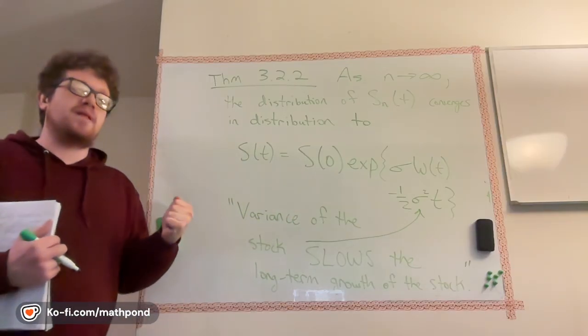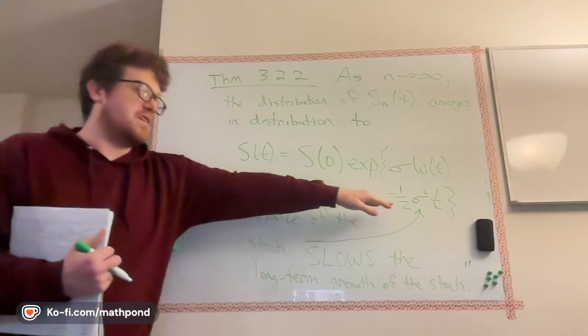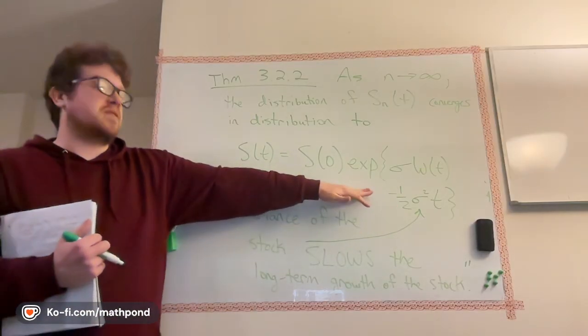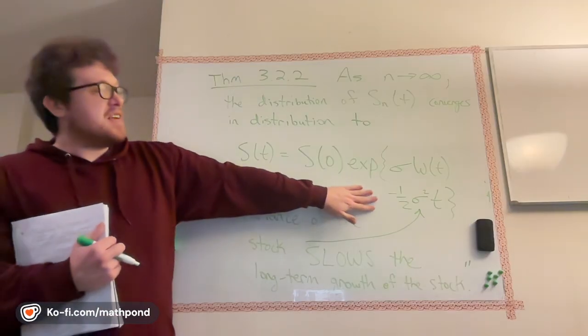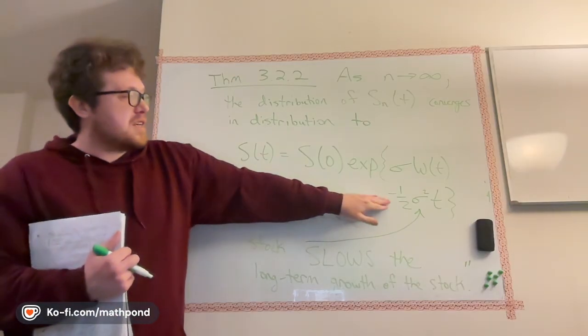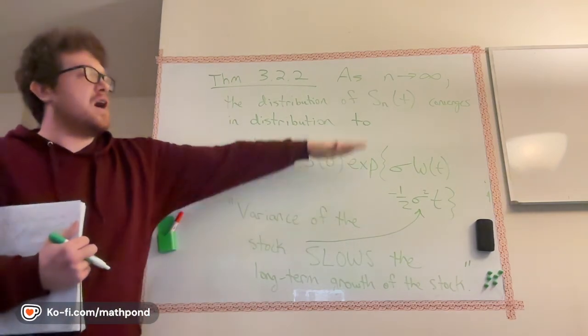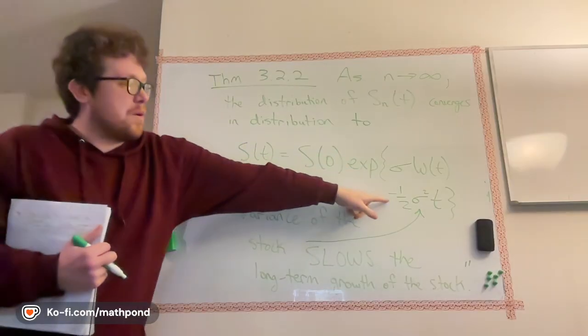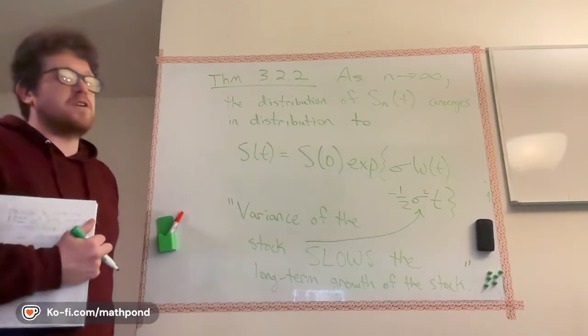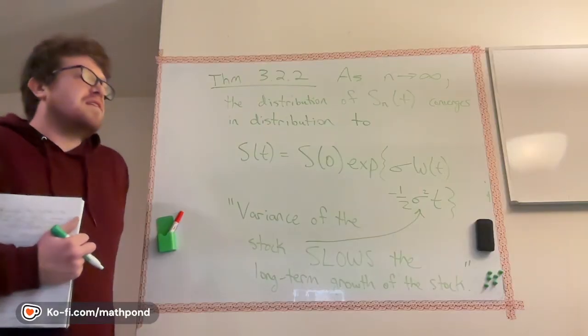You always wanted to put less money in the stocks that were more volatile. And this is like an explicit way of seeing that if it's more volatile, it's going to be a bigger negative number here, right? So your stock is going to be going up exponentially at a lower rate over time, which is going to hurt your stock, of course, if you're not getting good returns.